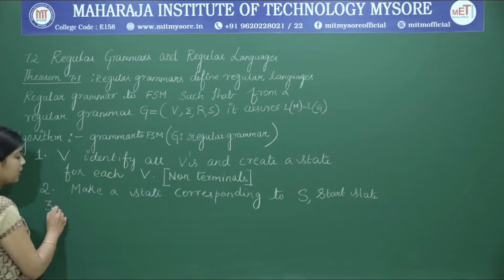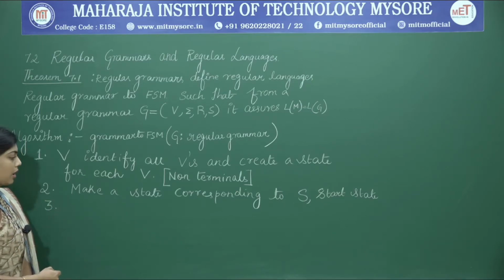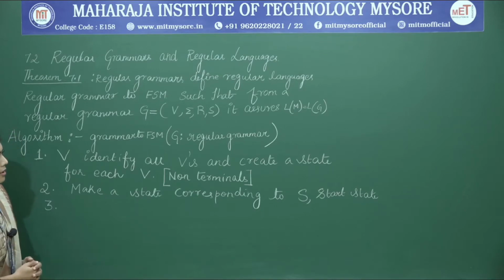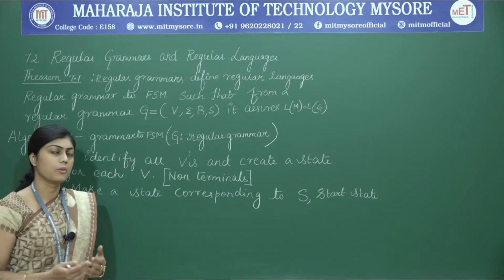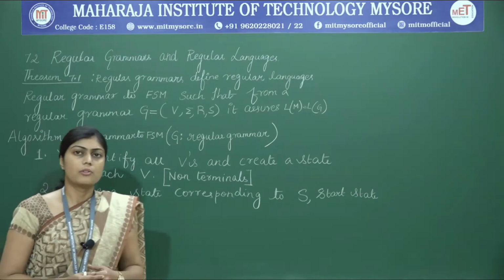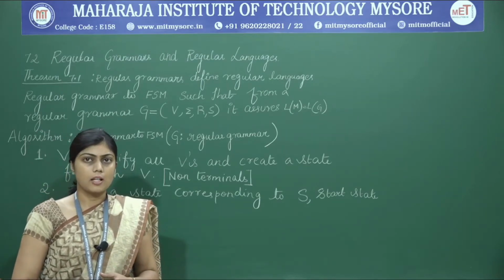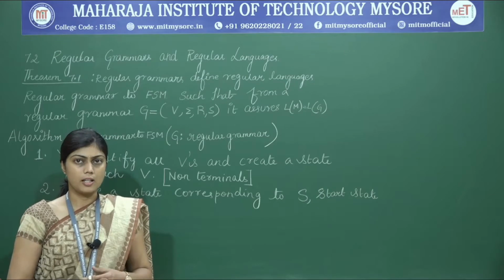Next we have to identify the 3 kinds of productions. As I discussed in the previous class, you can watch the previous video, we have defined what can be present on the RHS and what can be present on the LHS.